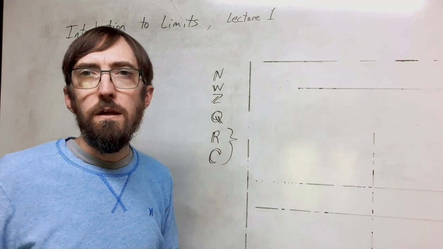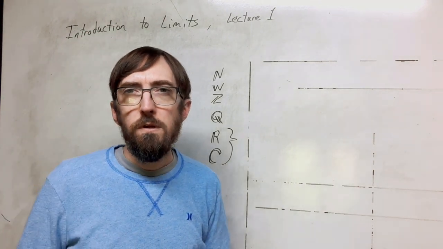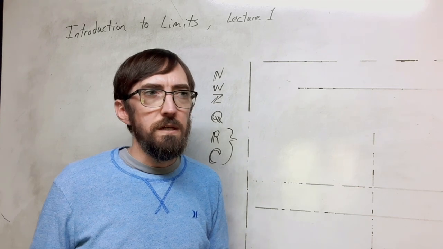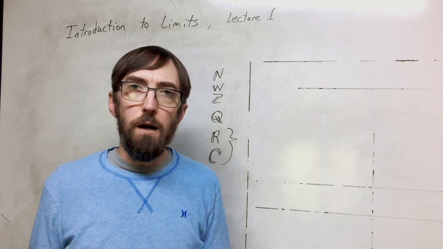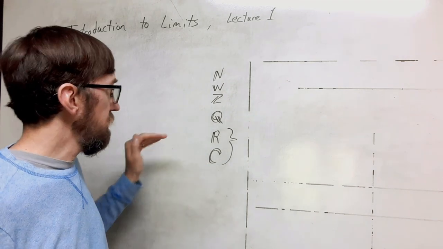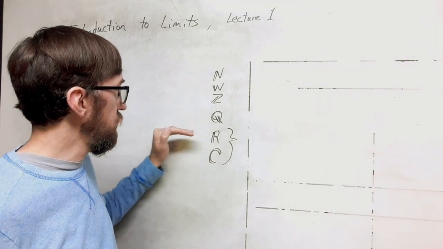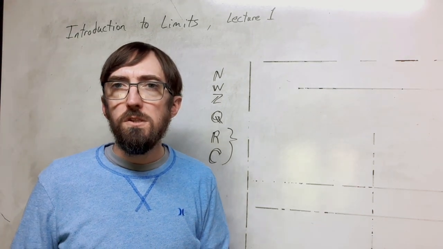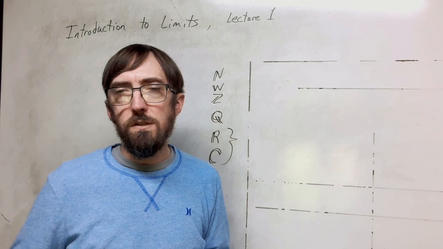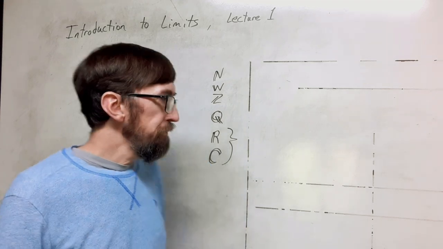If you look at university catalogs, you typically see things like introductory real analysis and introductory complex analysis. And that gives you a hint on which number set you're really going to be working in as you study those concepts in those classes.